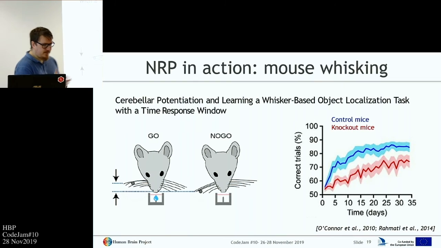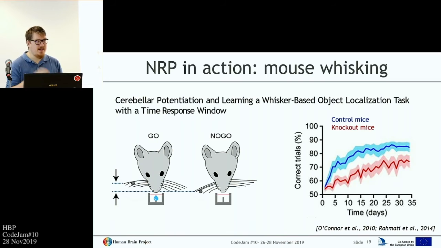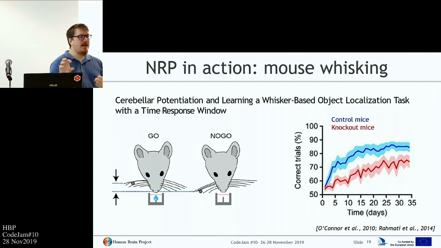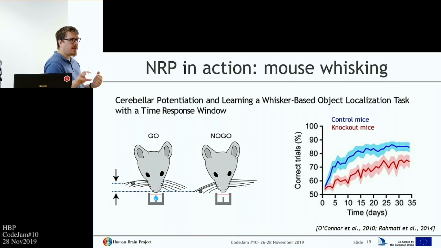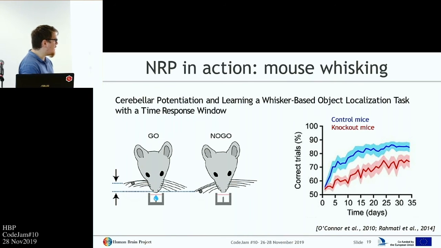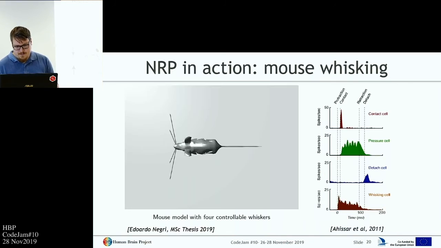They've done this experiment with both control mice and knockout mice with an LTP mechanism damage, and they've seen that a damage in the cerebellum changes the percentage of correct responses in the knockout mice. So we try to do the same. This is all work done by Edoardo Negri for his master thesis this year.